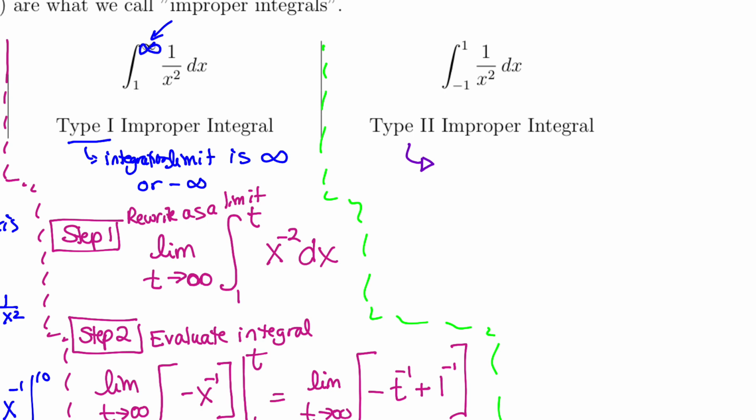We have a vertical asymptote. Do you see that? So you want to look at this and say, rational function, are there any places which is going to make a problem? And 0 is absolutely a problem. So improper type 2 integrals happen when you have vertical asymptotes or discontinuities in your integral.